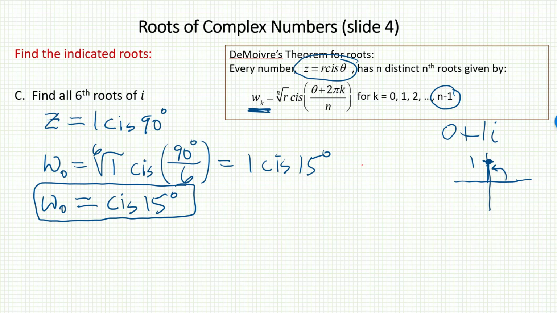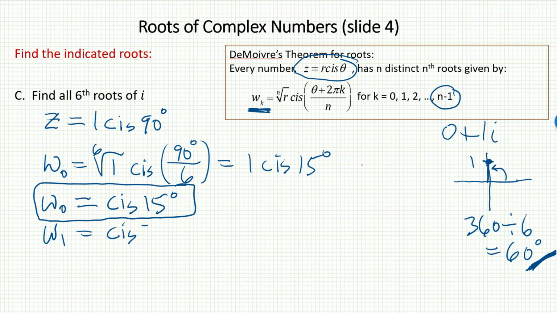Now, obviously, I could find W1 and W2 and W3 using the same formula, but I don't really need to go through all that work. We have learned that our roots are always equally spaced. Well, if you have 6 roots, all you have to do is take 360 divided by 6 to determine that all of your answers will be 60 degrees apart. It has to work out that way around that circle. So I don't really need the formula.